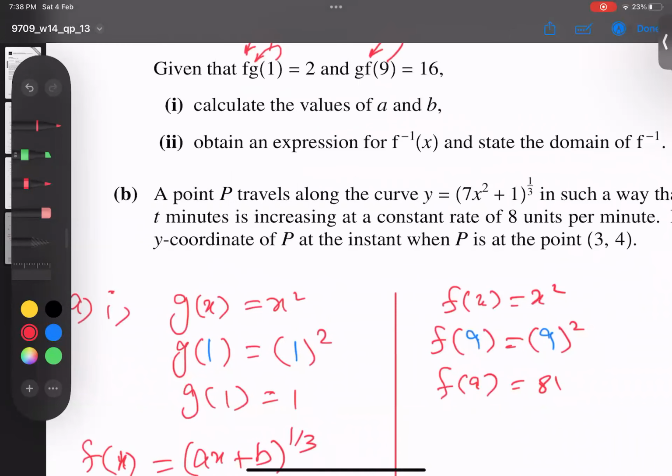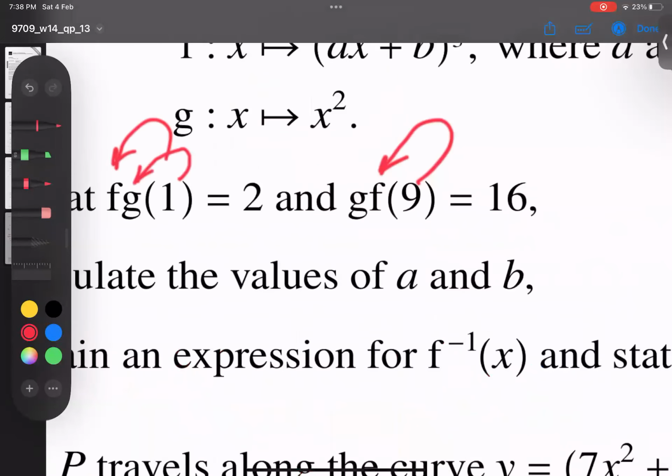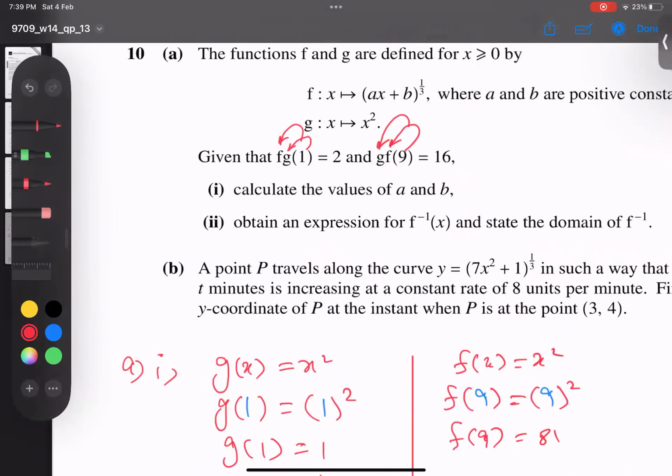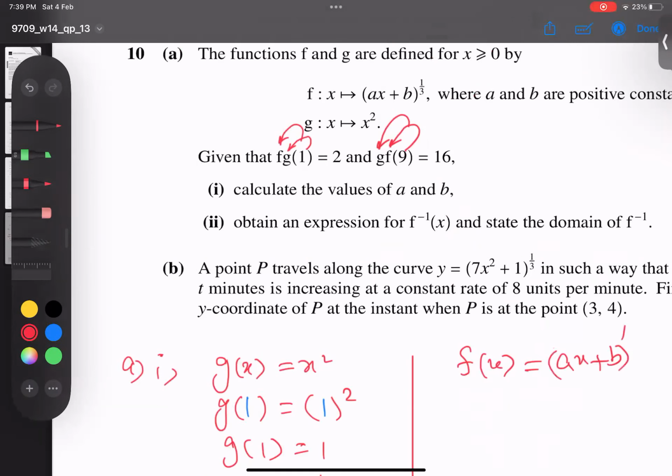Done. Then after that, you will plug the whole thing in G. Wait a minute, I made a mistake here, sorry for that. I used the top function, not the down function. So I have to plug in f of x. F of x is (ax + b) to power 1 over 3.